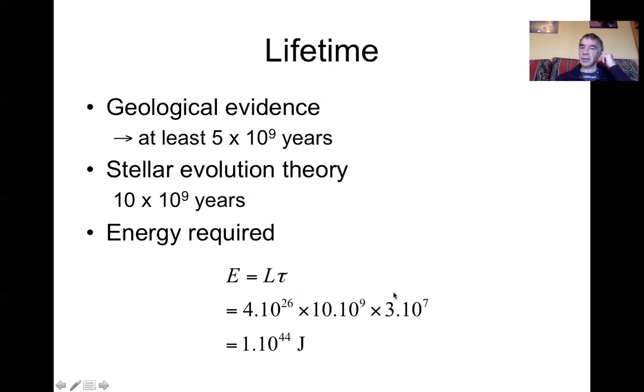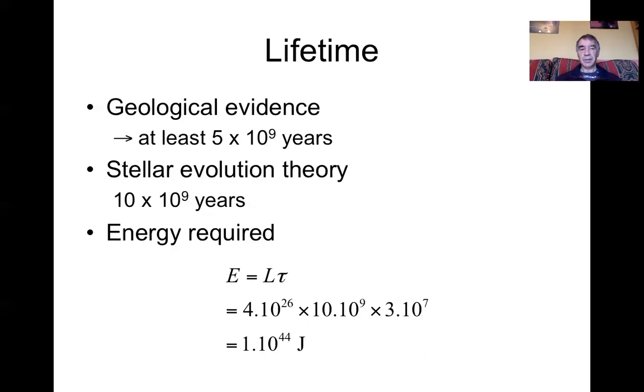You can easily calculate that. Just take 60 by 60 by 24 by 365 days in a year, and that will give you a number that's about 3 times 10 to the 7. So again, everything to one significant figure, that gives us 10 to the 44 joules of energy required to keep the sun shining for its entire life.